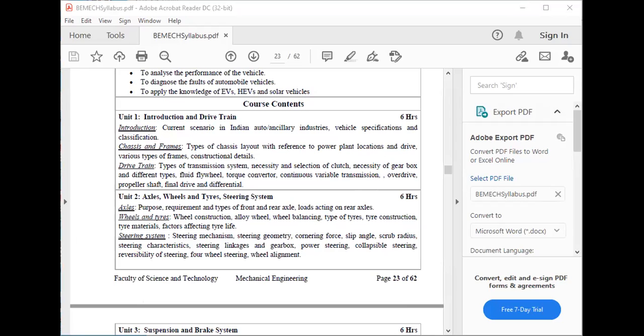Actually, vehicle is in engaged condition, that is, engine and transmission system is always in contact with each other. Okay, and if we want to change the gear or shift the gear, we disengage this system, and after that we shift the gear, and then we again engage this.